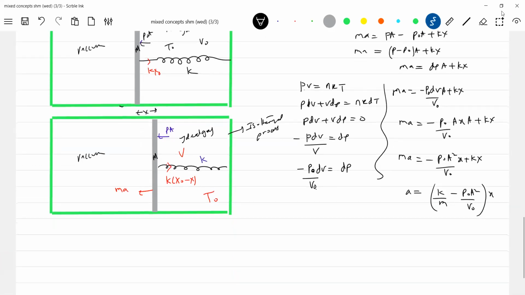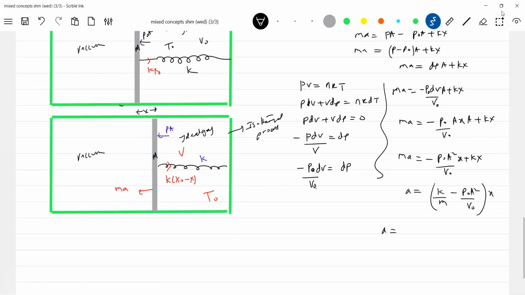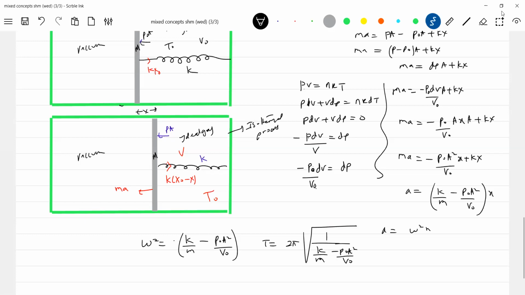Okay, this is the equation of SHM. So omega square is equal to K by M minus P naught A square by V naught M, or the time period will be. M should be there for both.